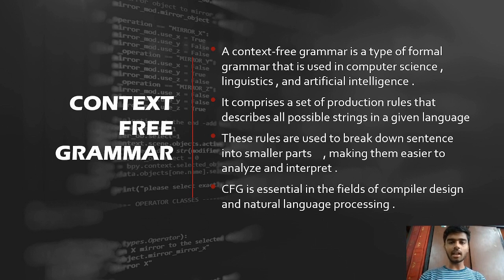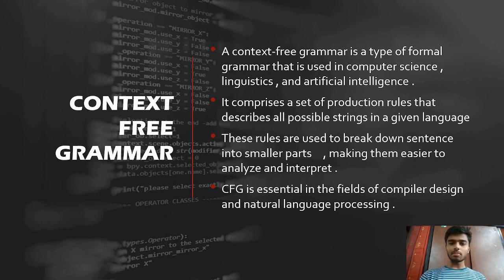For example, A can have a production such as A goes to small b, B or A. Over here, A can produce strings or letters such as B and then terminate on A. Similarly, B can have its production, for example, B, A, or whatever terminal symbol you want to have. This is how the productions of a context-free grammar work.